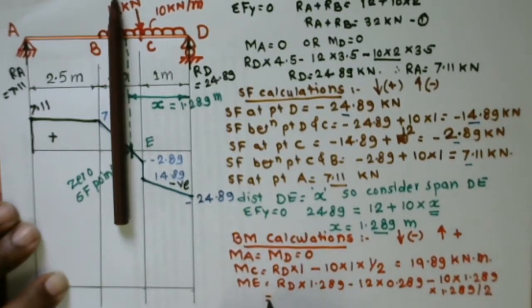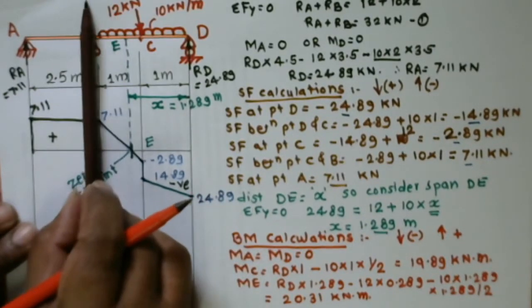Here put the value of RD again 24.89 and do the calculations. You will get the answers 20.31 kilonewton meter. Now our next point is B.